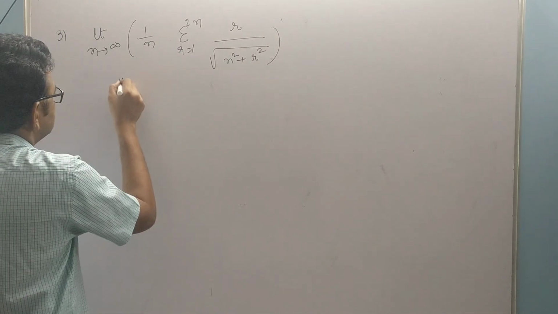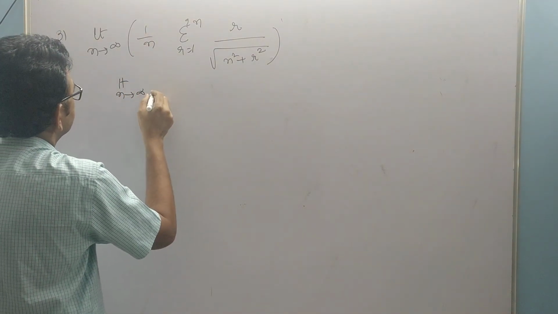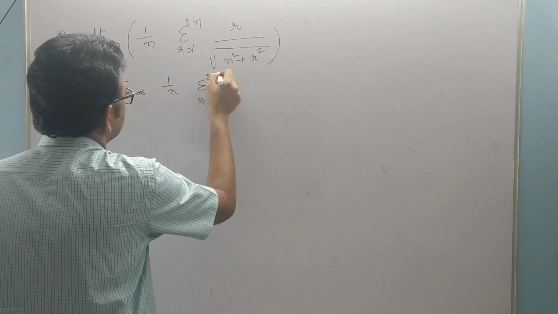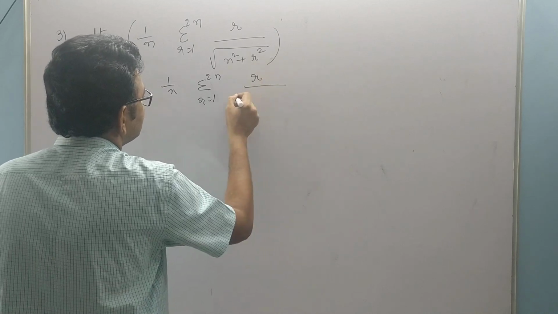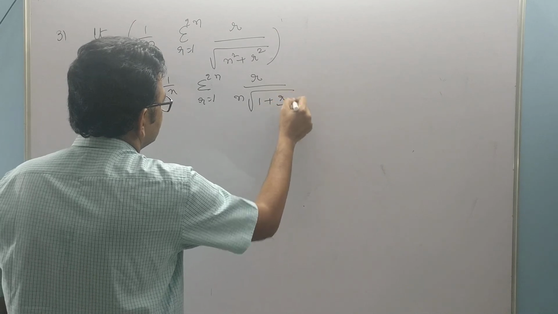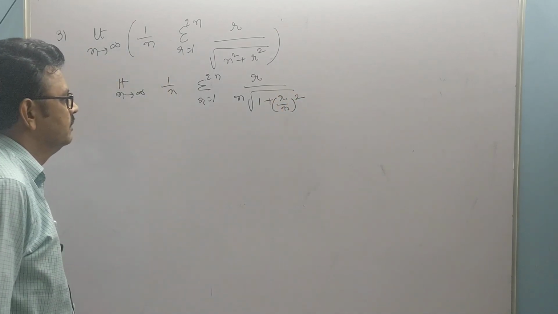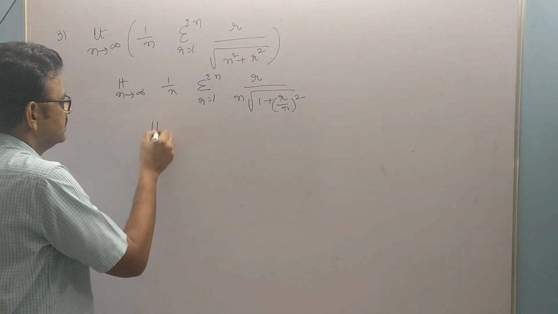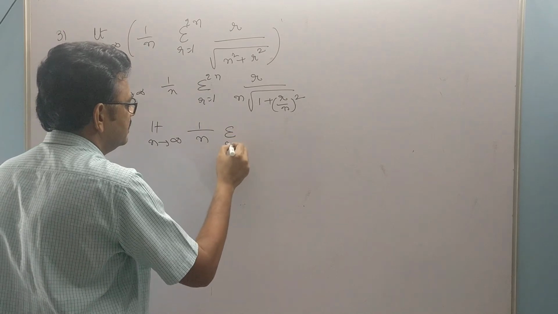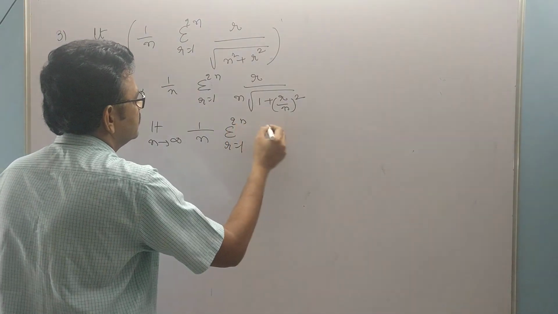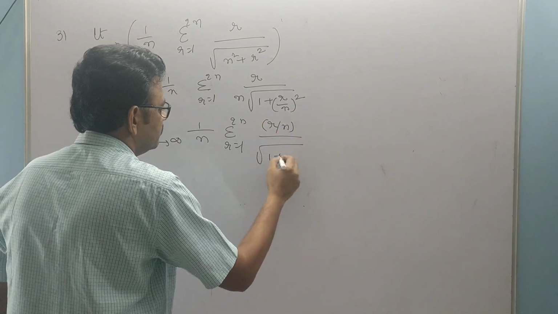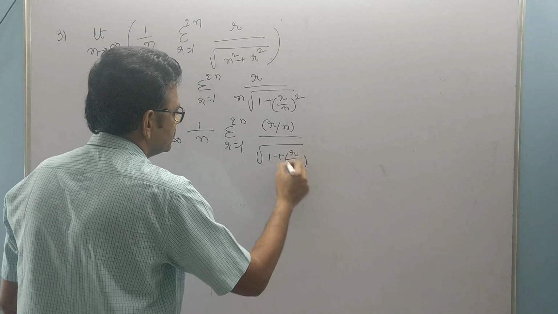So this is the limit of n tends to infinity 1 by n into sigma r equal to 1 to 2n, r by, taking n square common, that becomes n, root of 1 plus r by n whole square. So this is 1 by n into sigma r equal to 1 to 2n, r by n by root of 1 plus r by n whole square.